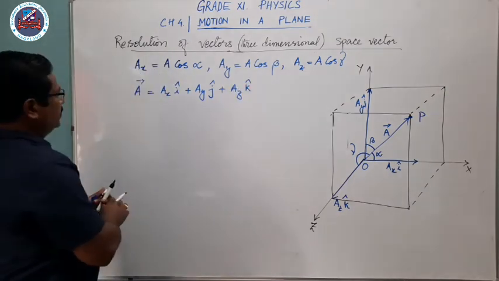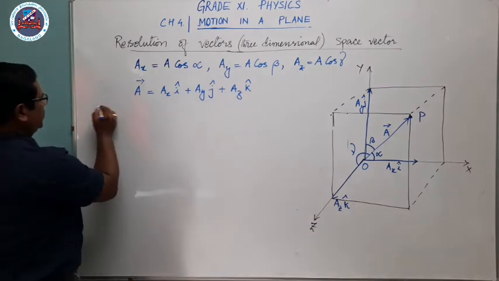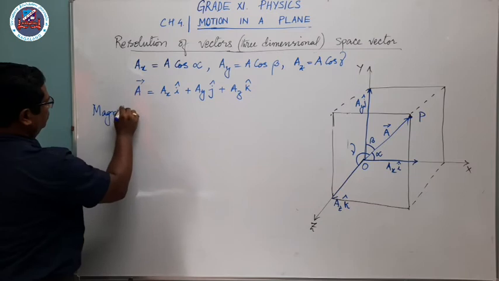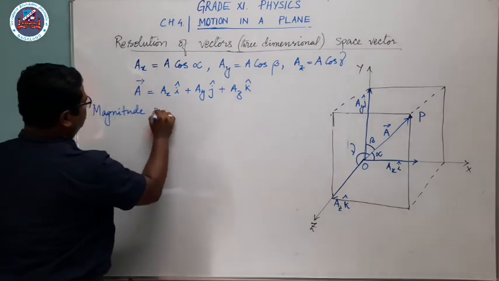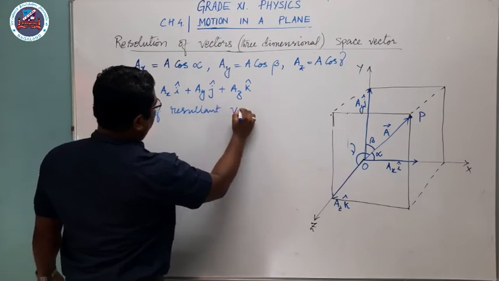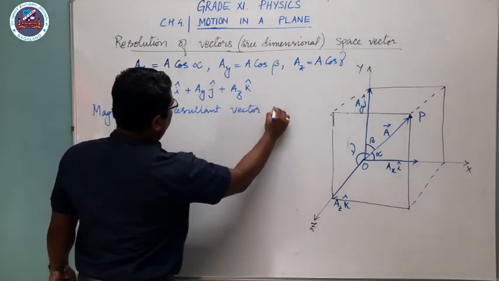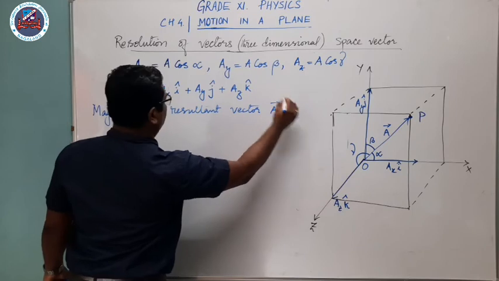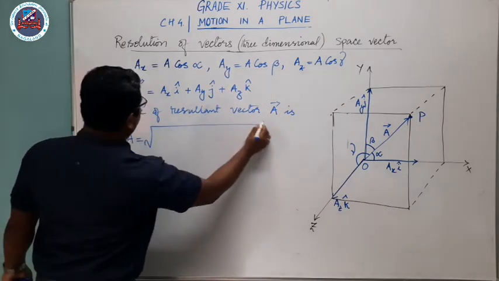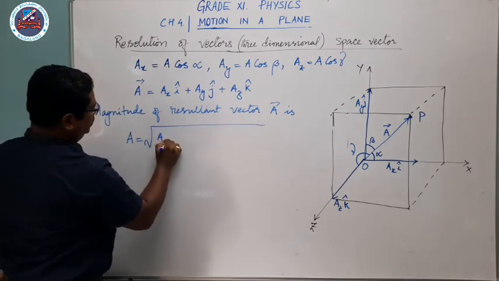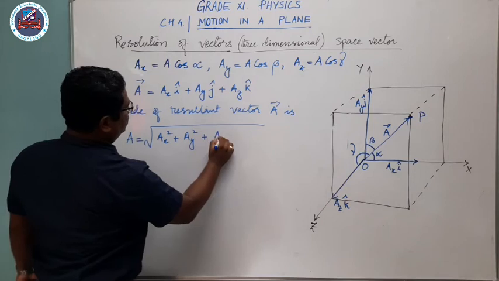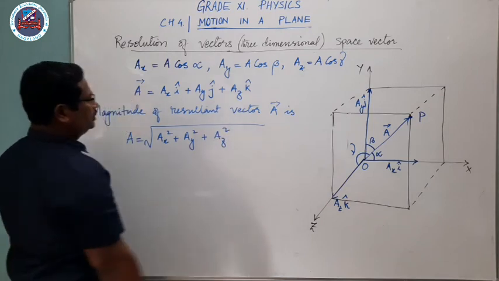So if you write down the magnitude of the resultant vector A, A is root over Ax square plus Ay square plus Az square.